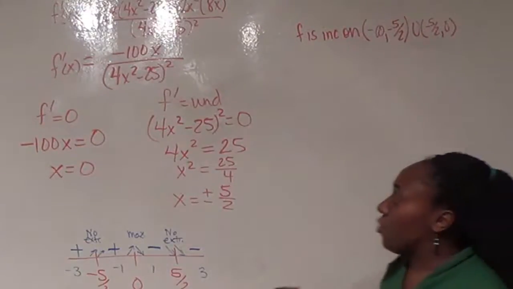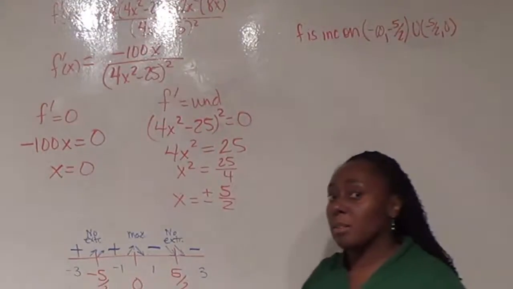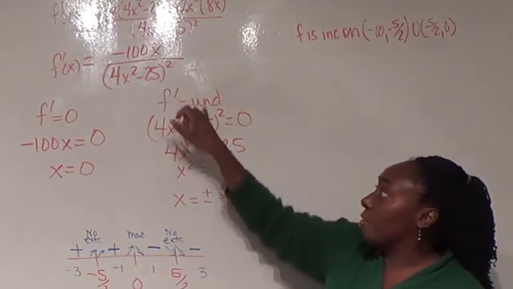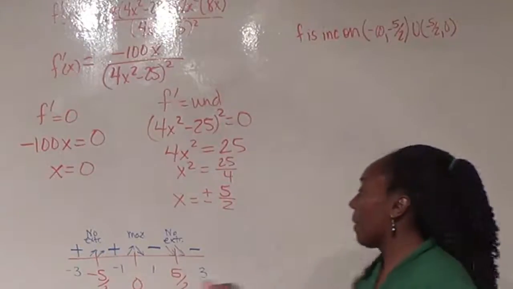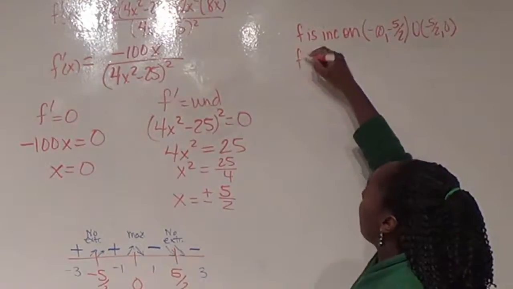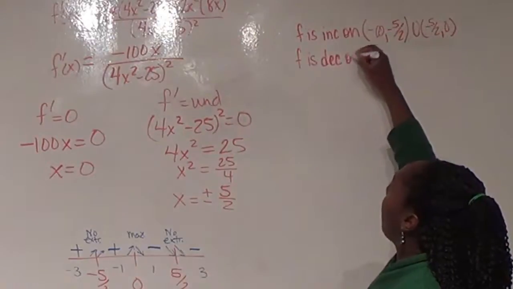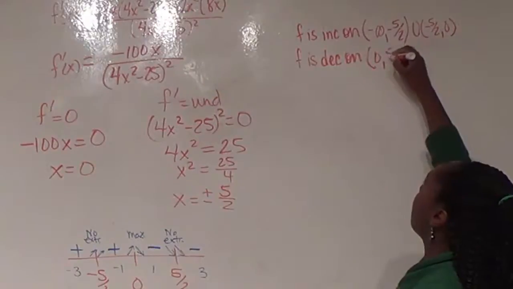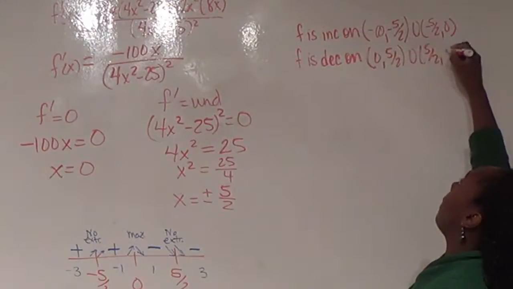Now notice here I didn't just put negative infinity to 0, even though both of those are positive. Here, because negative 5 halves is undefined, I know it can't be increasing there. Same thing for the decreasing. So here f is going to be decreasing on the interval from 0 to 5 halves and from 5 halves to infinity.